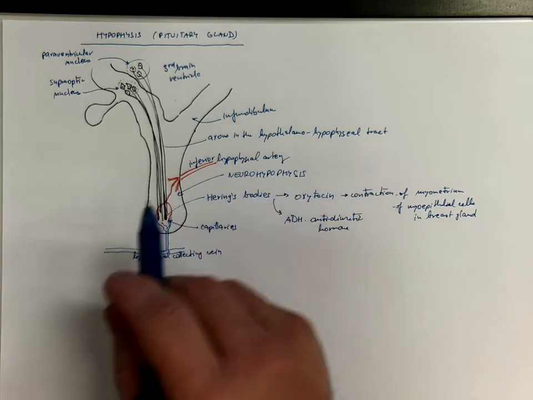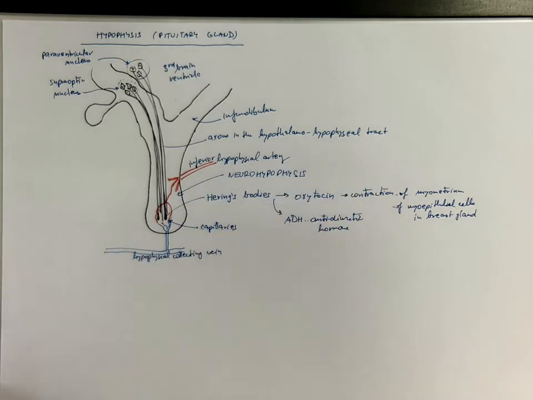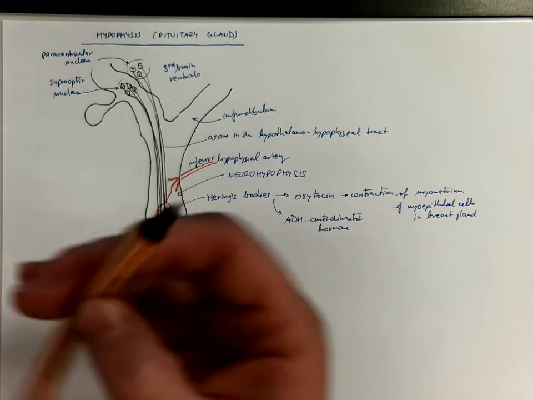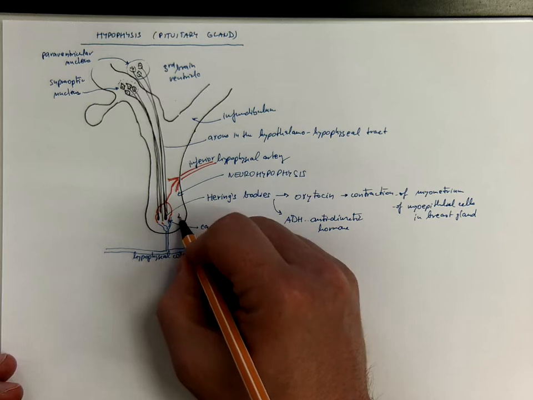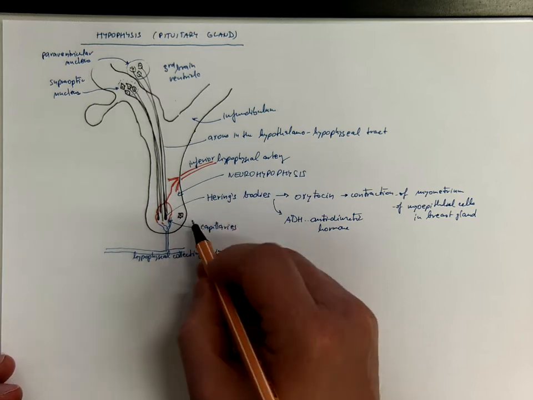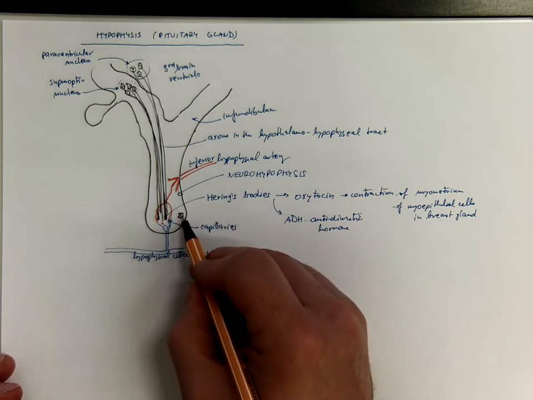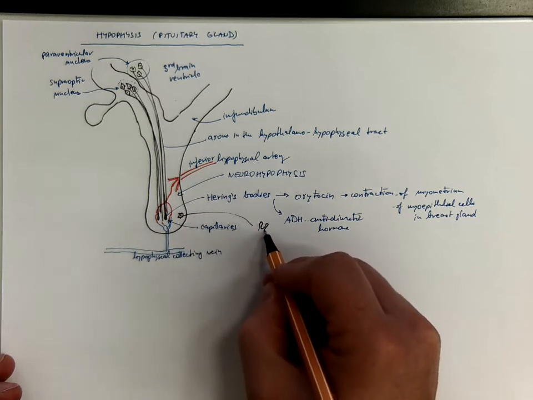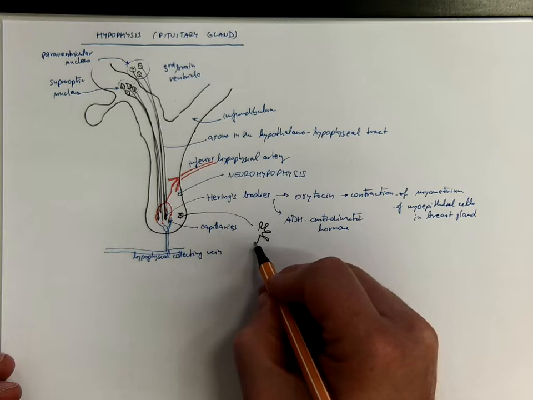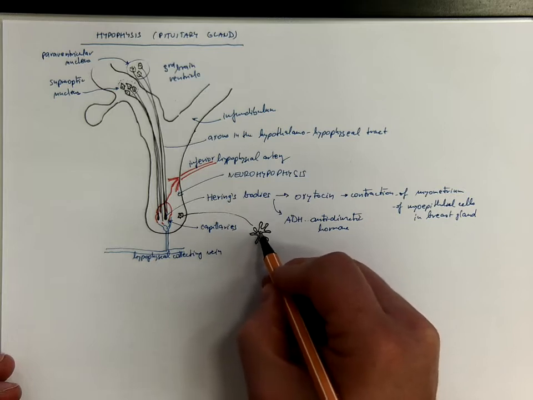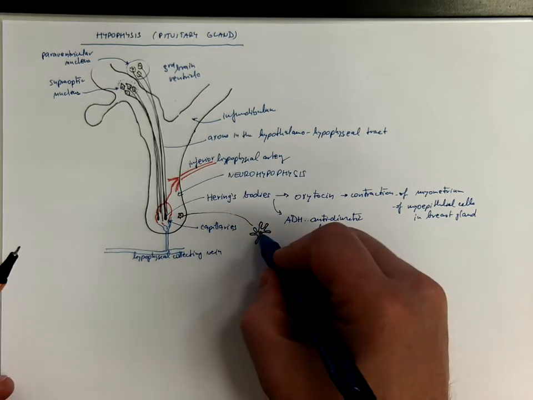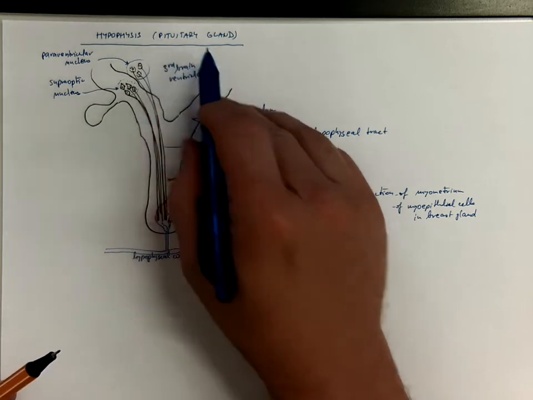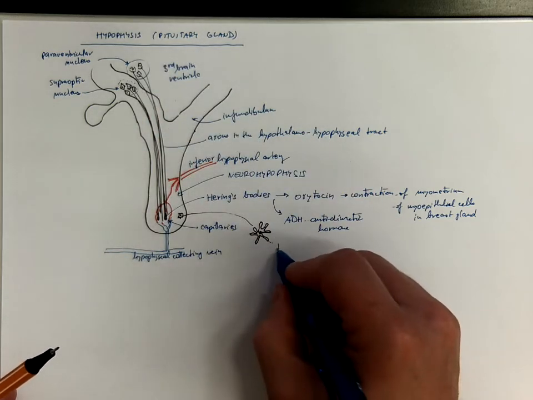It's made of nervous tissue, and it also contains supporting neuroglial cells that are here, and they are similar to astrocytes with branching processes, and they are called pituicytes.